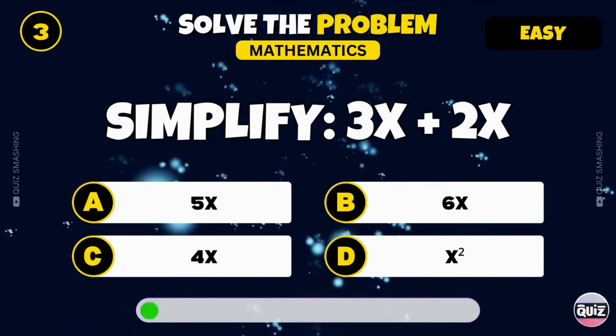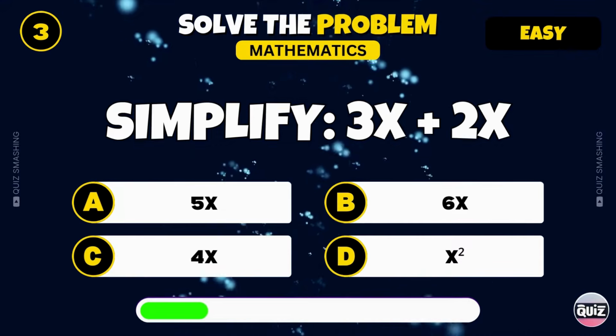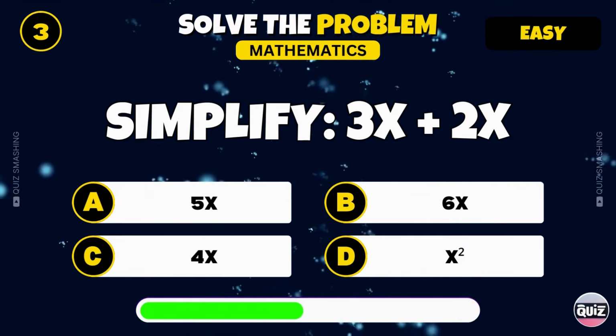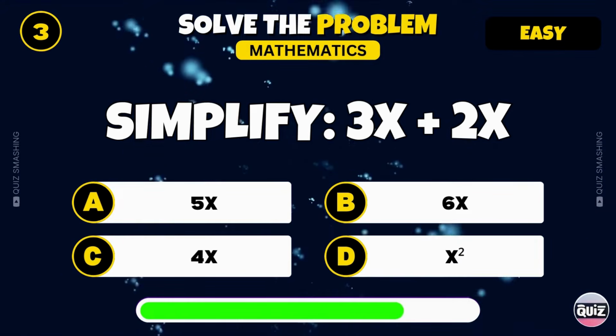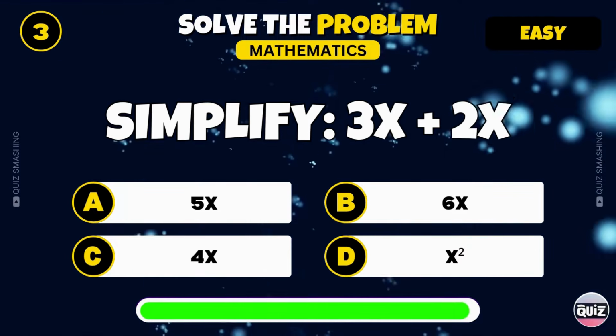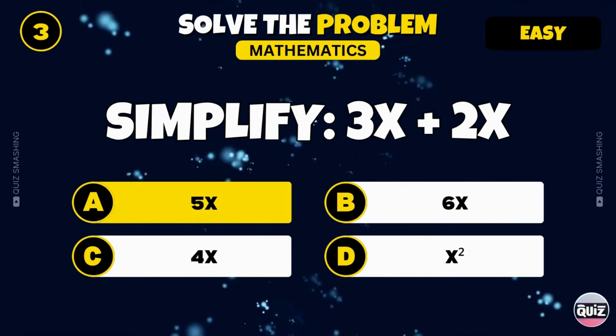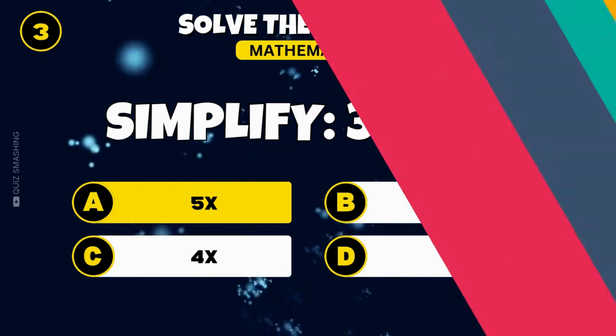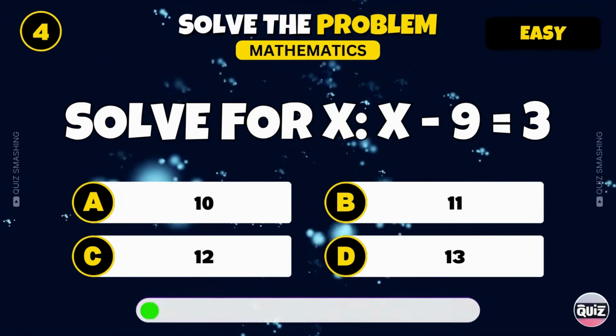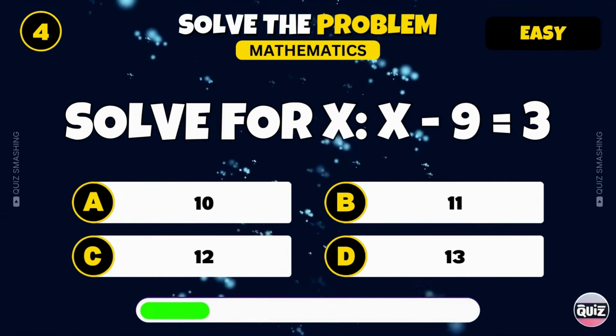Simplify 3x plus 2x. Correct. It becomes 5x. Solve for x. x minus 9 equals 3.